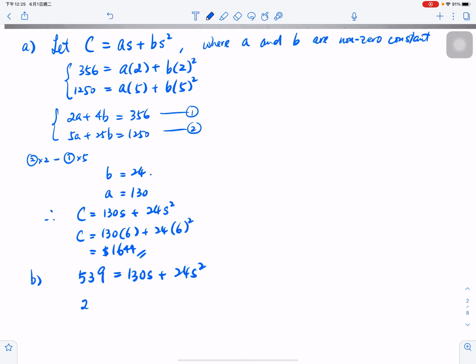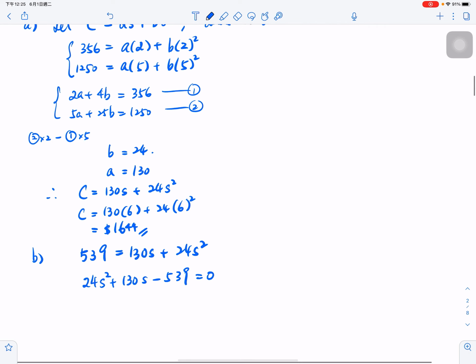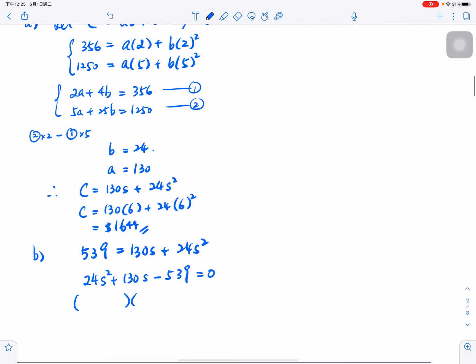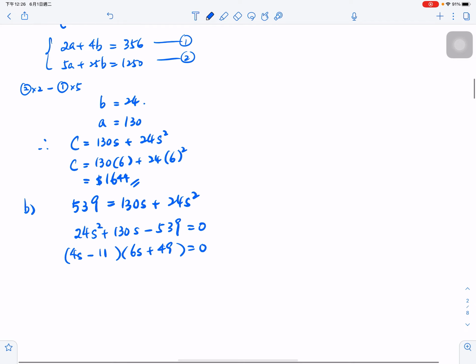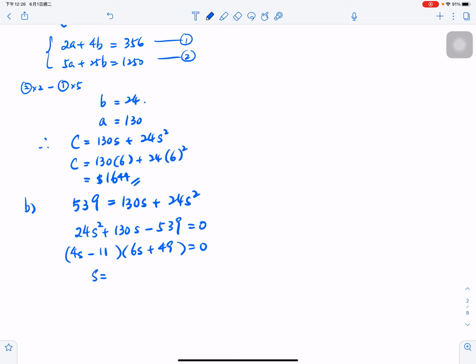So 24S squared plus 130S minus 539 equals 0. This is actually solving a quadratic equation. So (4S minus 11)(6S plus 49). So you see that S equals 11 over 4 or S equals negative 49 over 6.